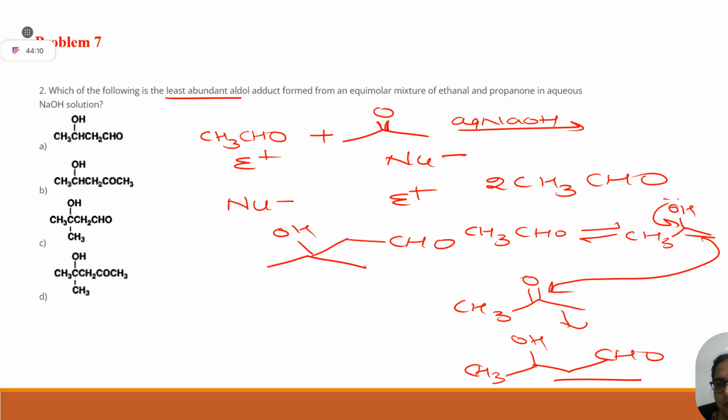Ma'am, can you please recap this? Okay, okay. See, aldehydes or ketones are in equilibrium with their enol form. Among them, one molecule behaves as your nucleophile and one behaves as your electrophile, right?